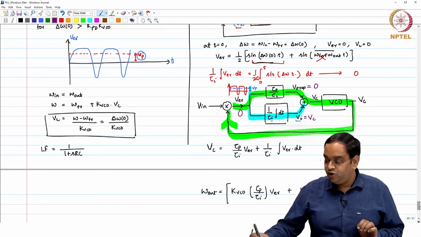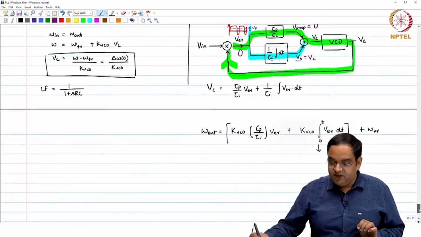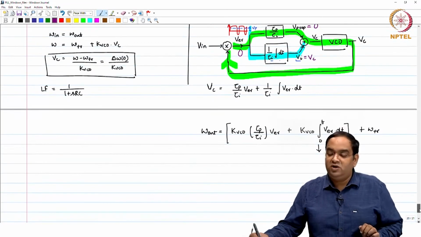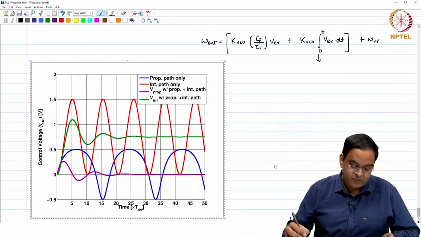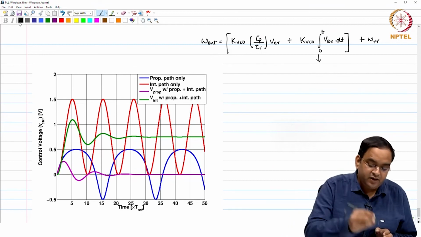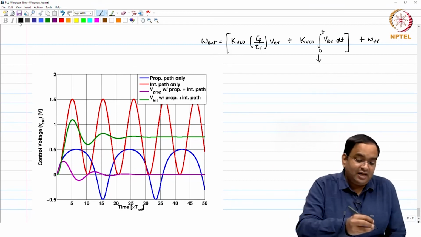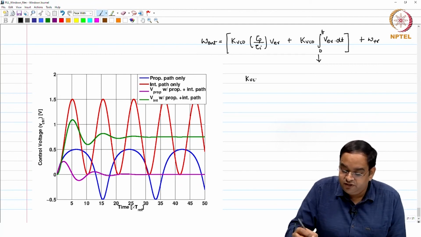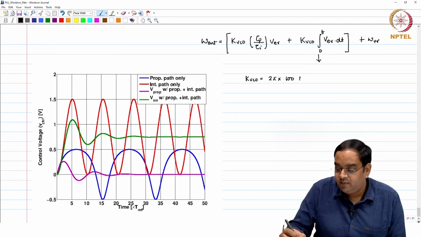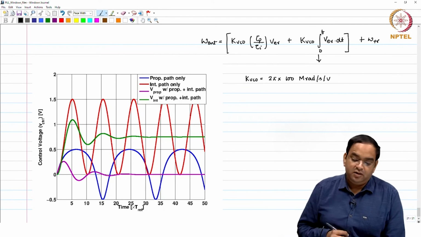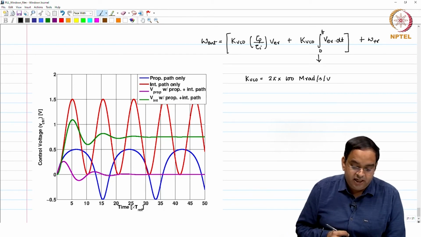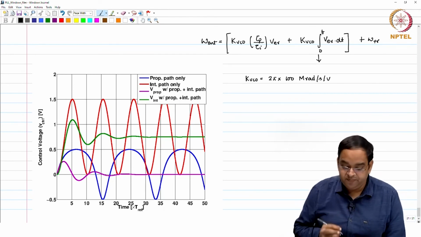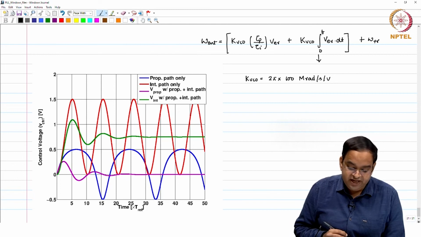Okay. Let me show you the simulation for this particular analysis. In this plot, I have been using the same example, where our k VCO happens to be 2 pi times 100 mega radians per second per volt. And I am plotting here for the given frequency error.